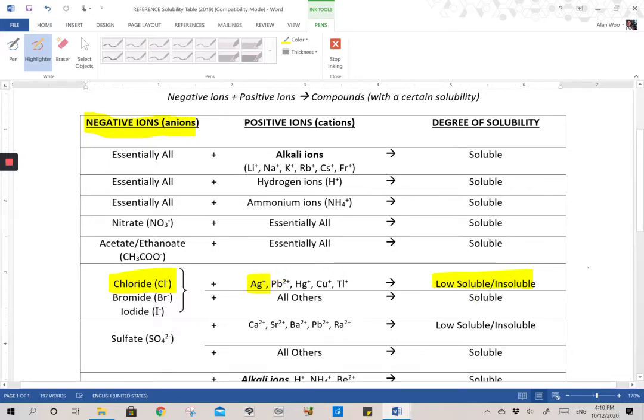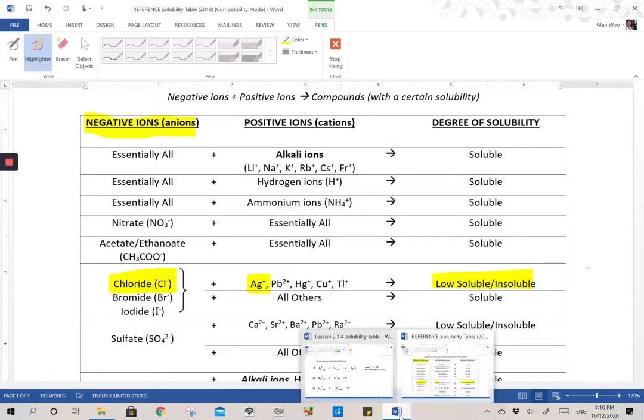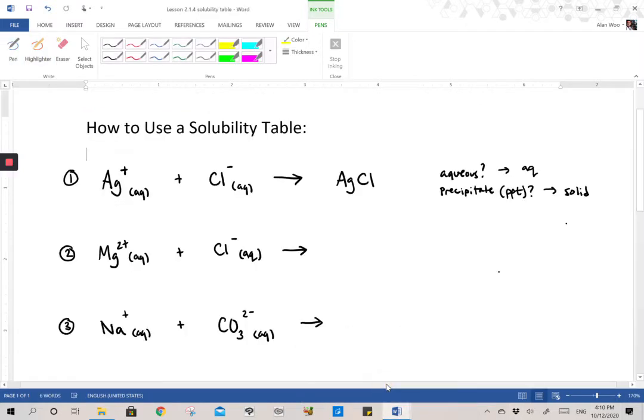So in our case, because chlorine and silver are low soluble, the state that it's in is going to be solid. So this will be a precipitate. Okay. So the combination of Ag+ and Cl- will form silver chloride as a solid precipitate.